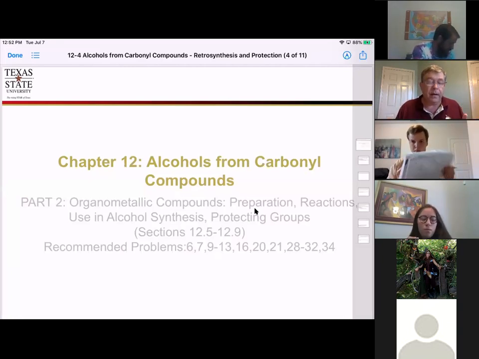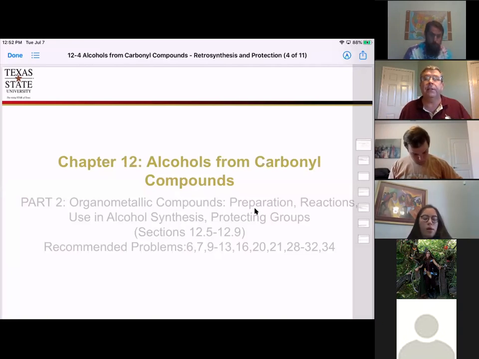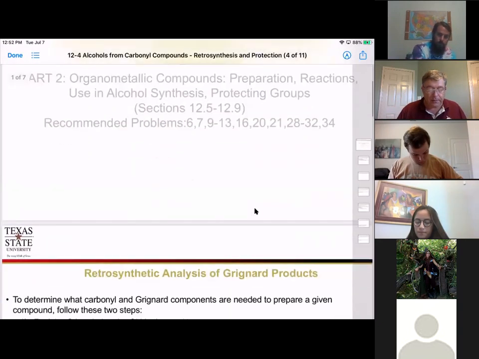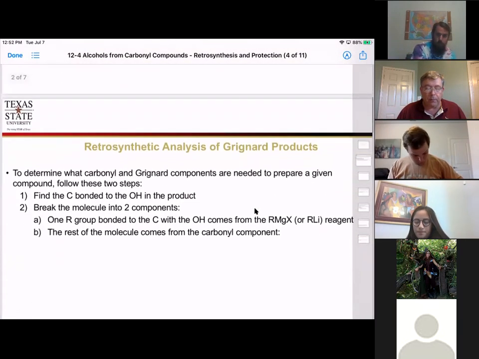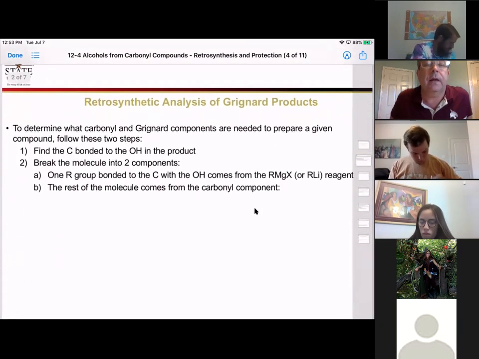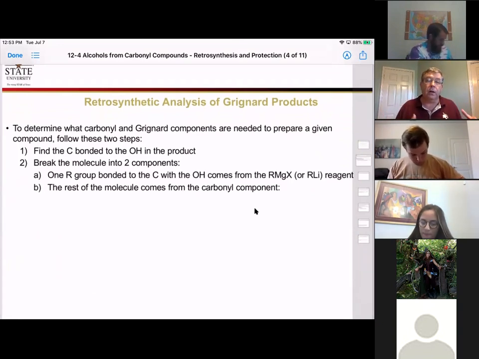So now that we know that we can make these alcohols from these different organometallic reagents, let's figure out how to determine what reagents we had to use to make the product we have. When we do this, we call it retrosynthetic analysis. So if you want to make something and you want to figure out what to start with, this is what we call retrosynthetic analysis.